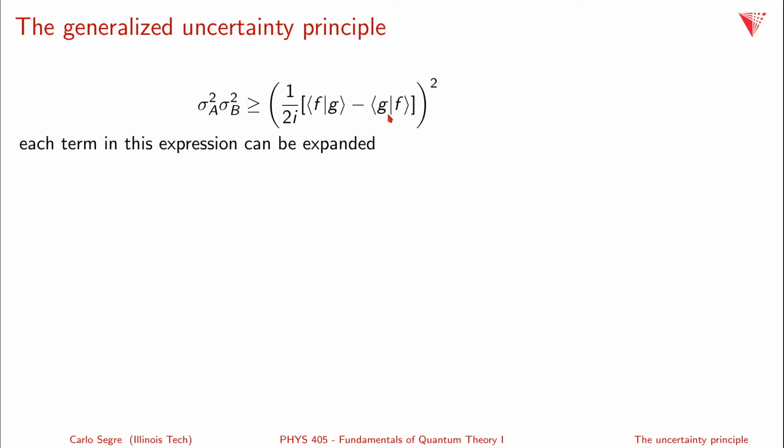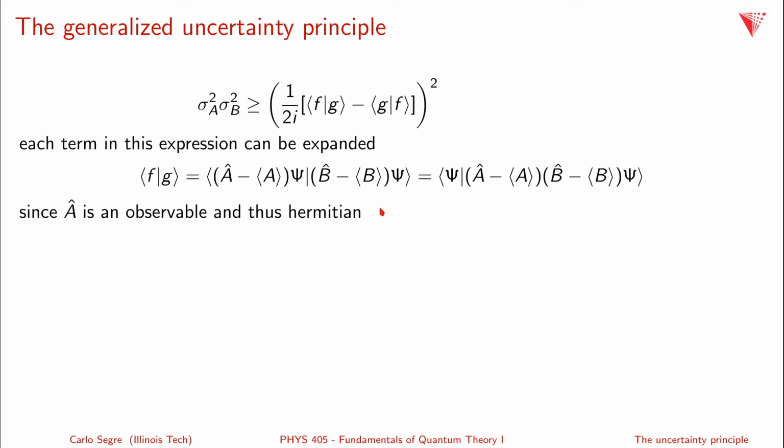So if we believe this, once we have this, we can expand each term of the expression. The inner product of F with G is just operator A minus expectation value of A applied to psi, inner product with operator B minus expectation value B applied to psi.